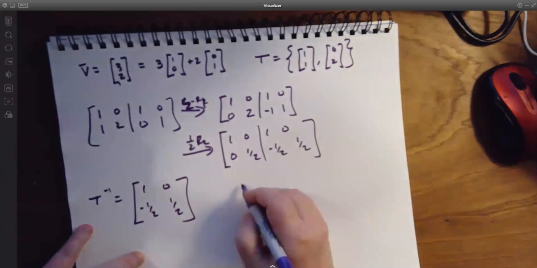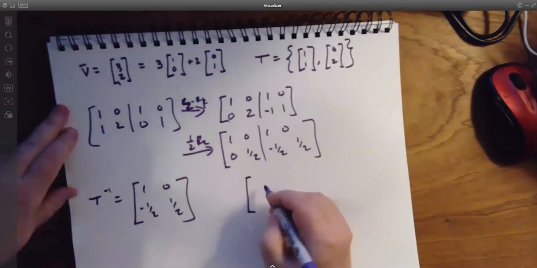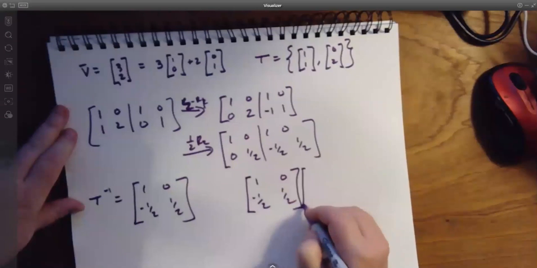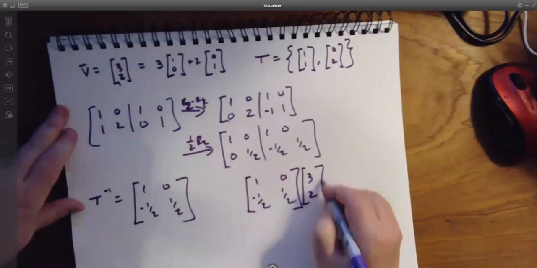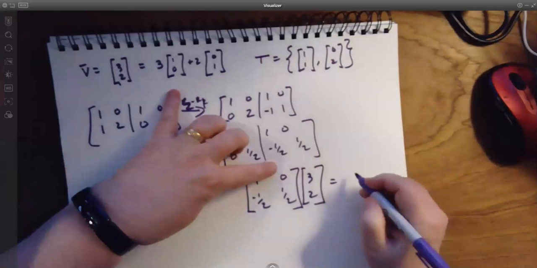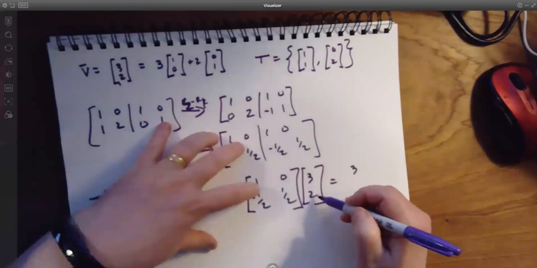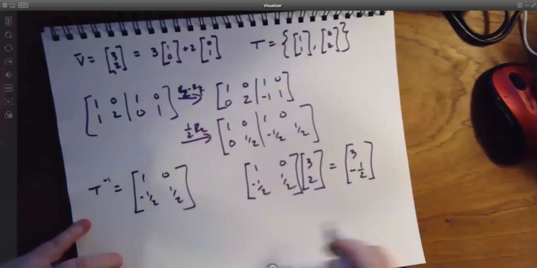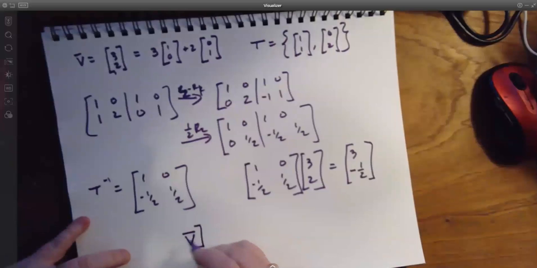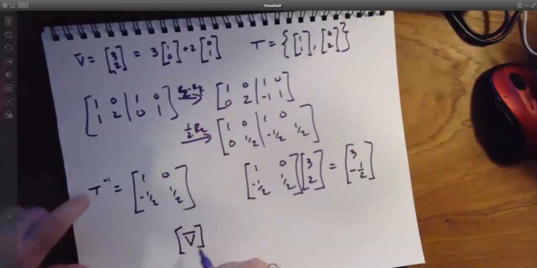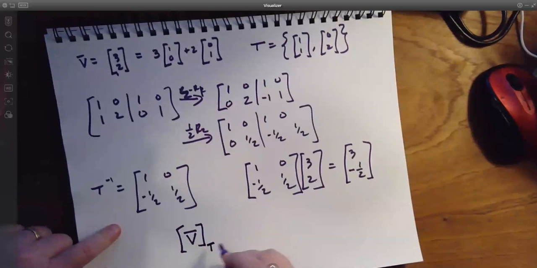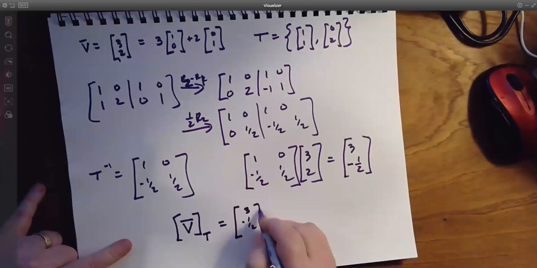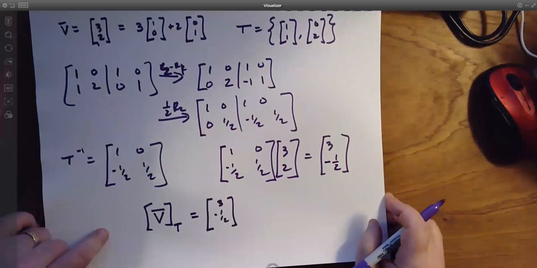So I will multiply T inverse by my (3, 2). Three plus 0 is 3. Negative 3 halves plus 1 is negative 1 half. So the coordinates of V with respect to this basis are (3, negative 1 half). And that's a good place to stop.